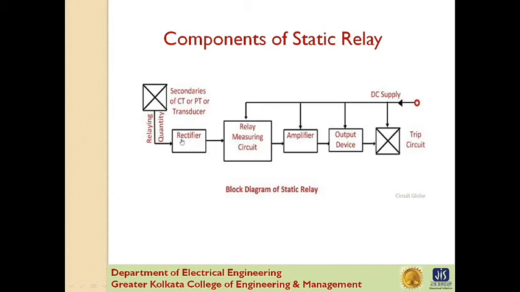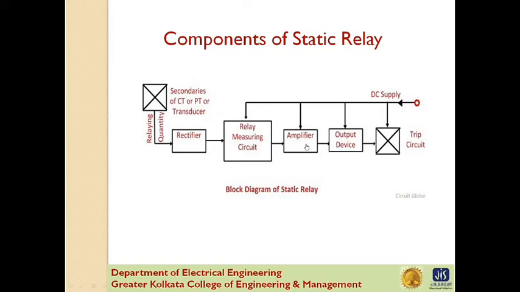The rectifier rectifies the input signal and passes it to the measuring units. The measuring unit has comparators, level detector and the logic circuit. The output signal of the relaying unit is obtained only when the signal reaches the threshold value. The output of the relaying measuring unit acts as an input to the amplifier.